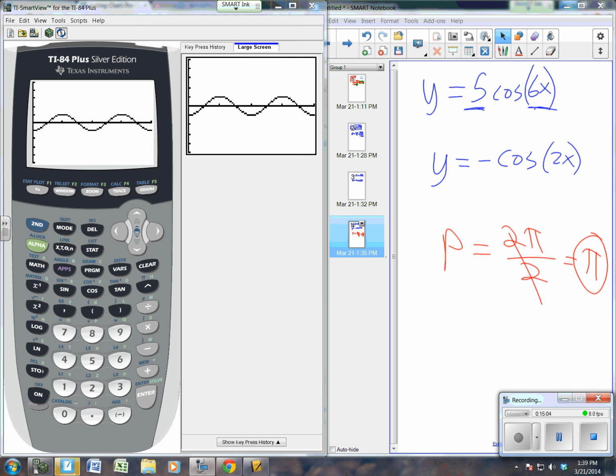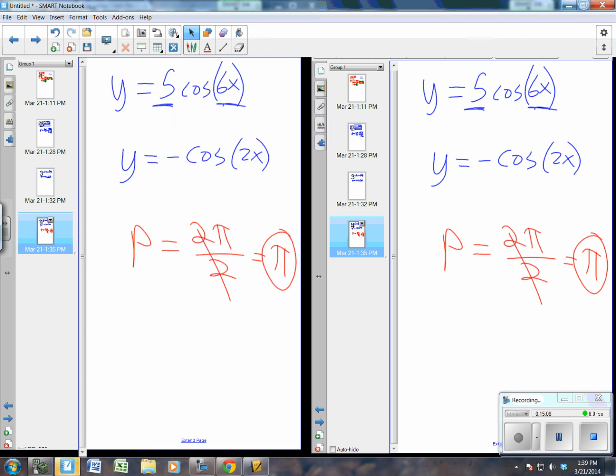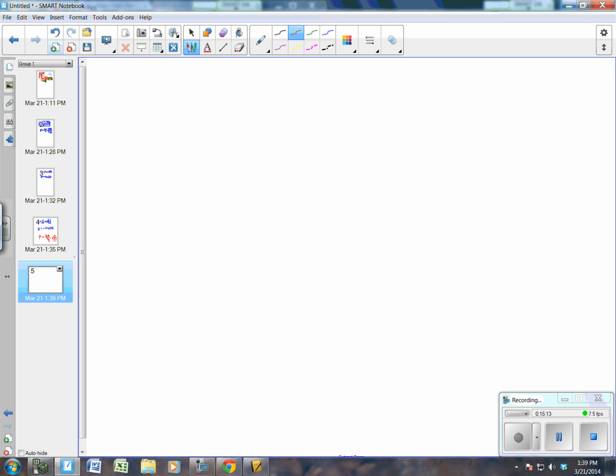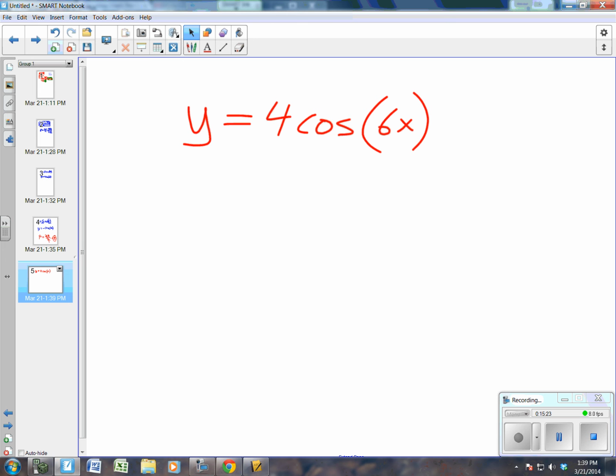So if I gave you guys a quiz, and I did something like this, could you tell me what the amplitude and period are? Okay, show me. Okay, what's the amplitude? The amplitude's 4.